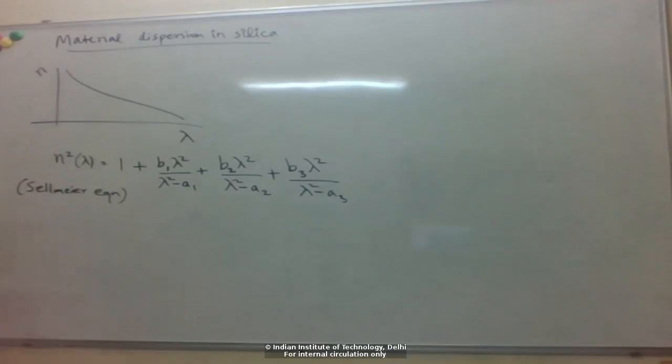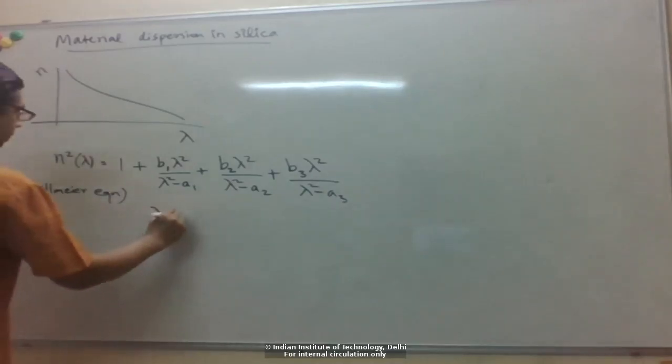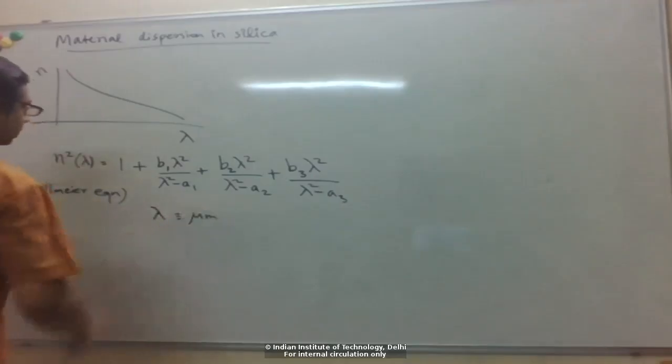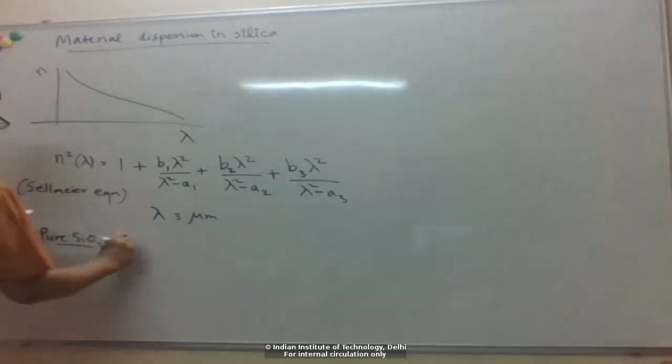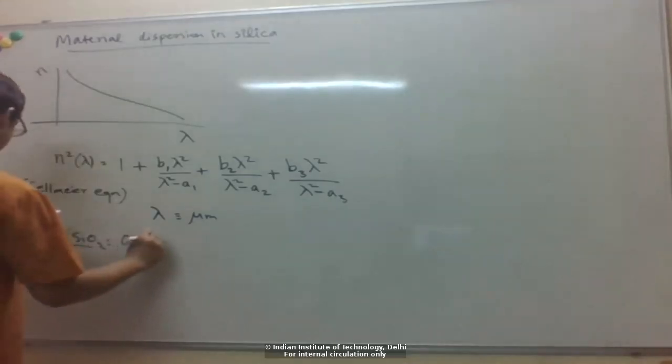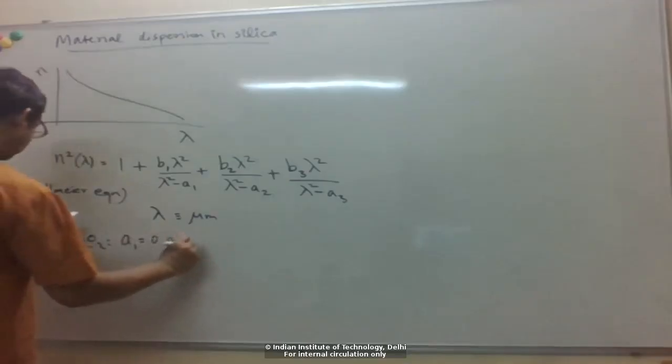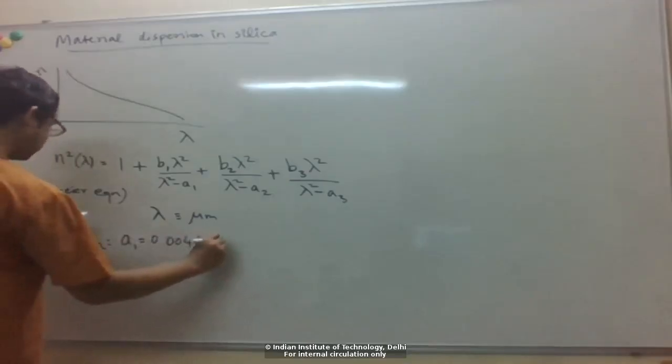Lambda typically is taken in micron, the wavelength. So for example, if you take pure silica, these values look something like this.